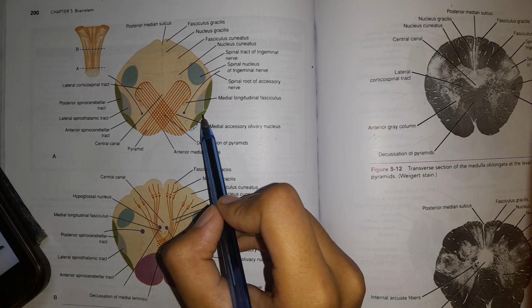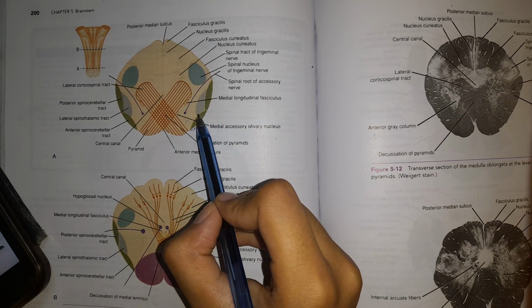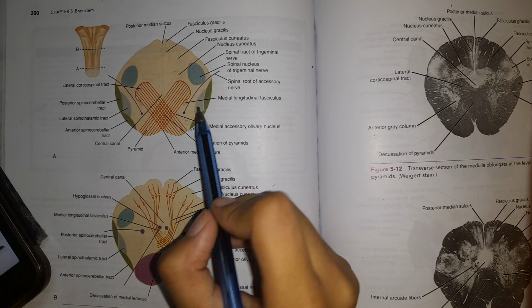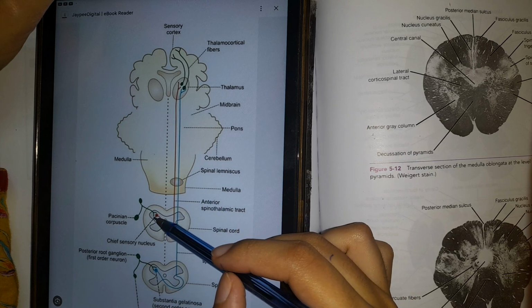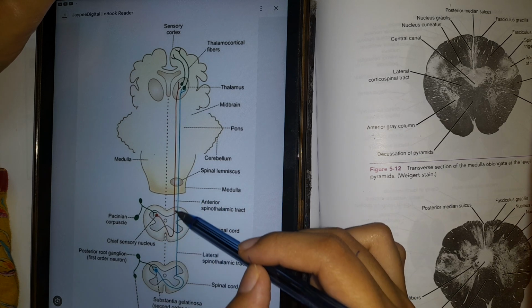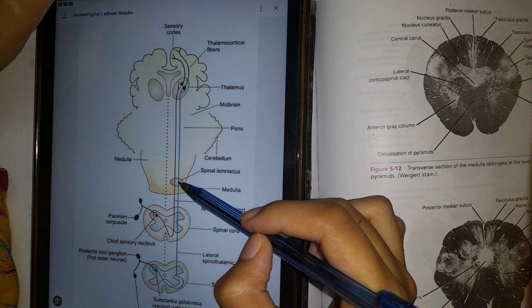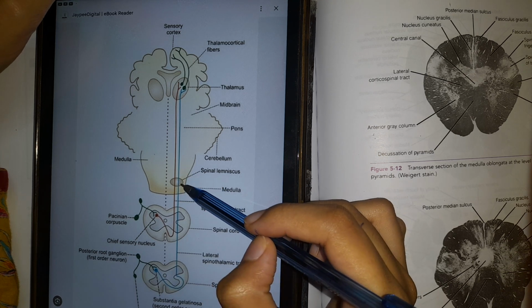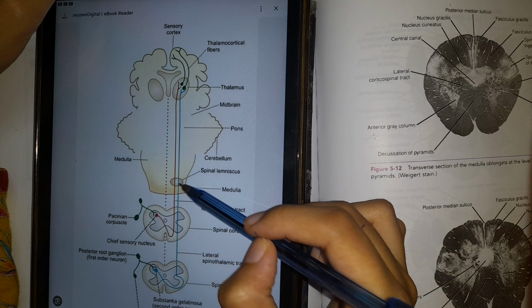The anterior and posterior ones are going to terminate in the cerebellum, and this lateral spinothalamic tract is actually a part of the ascending tract which is going to carry. So this is our lateral spinothalamic tract that is beginning from the spinal cord and going up and passing through the medulla, and we were discussing this portion of it passing through the medulla. So this is the pain and temperature pathway. So the lateral spinothalamic tract will be there.